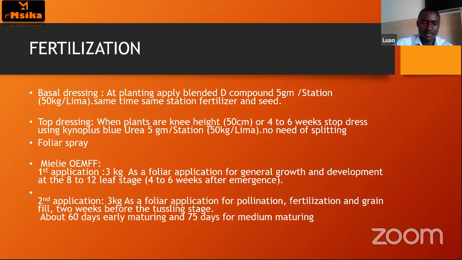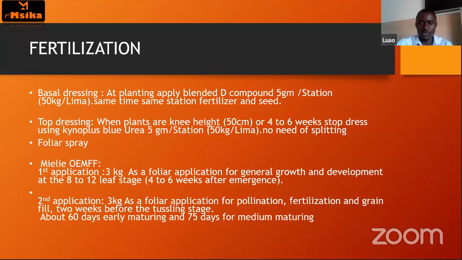The next application is the same 3 kg per hectare as a foliar application for pollen germination, fertilization, and grain filling. So this is the second application where we're going to add about 3 kg per hectare to help you in pollen germination, fertilization, and grain filling in the cob.